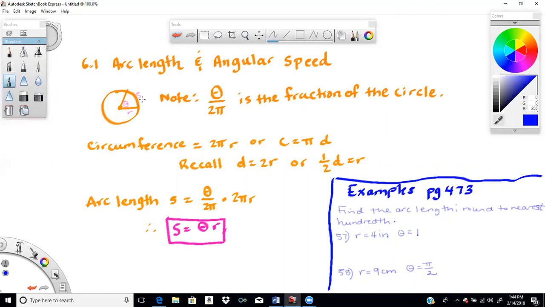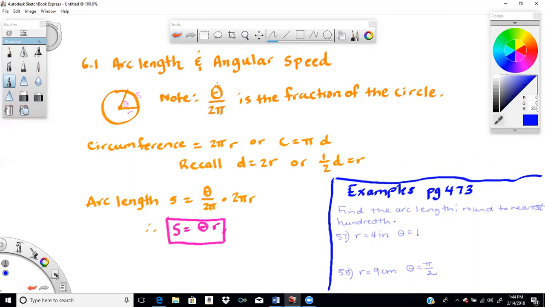Remember that the circumference of a circle is 2 pi r, or pi d, because the diameter is equal to twice the radius, or the radius is half the diameter. So all the way around, the circumference is 2 pi r, taking into consideration the radius of the circle.